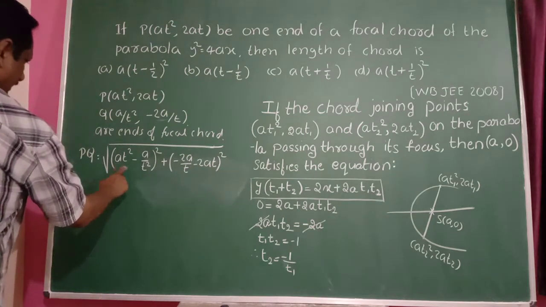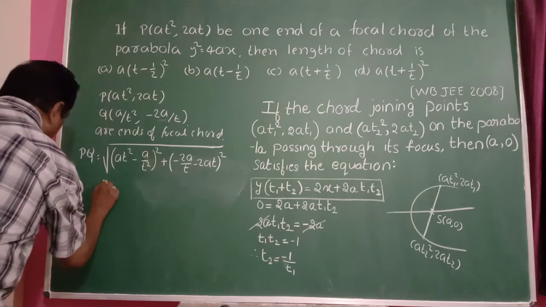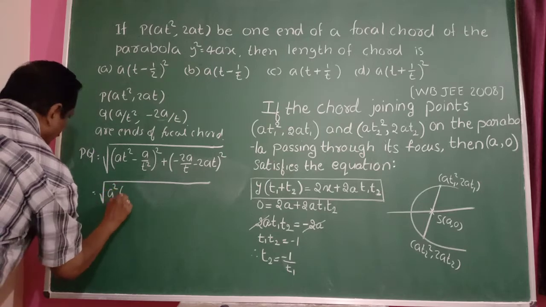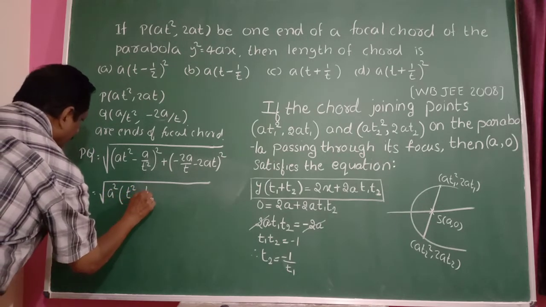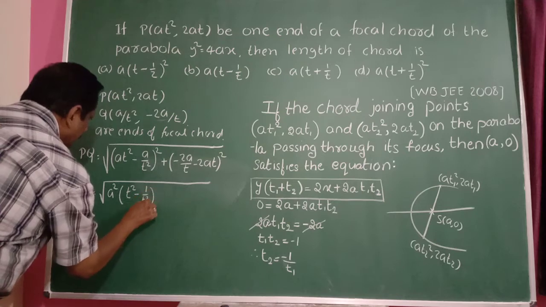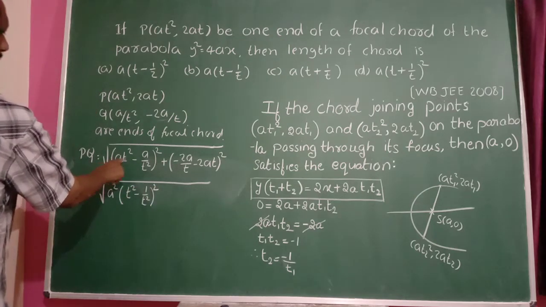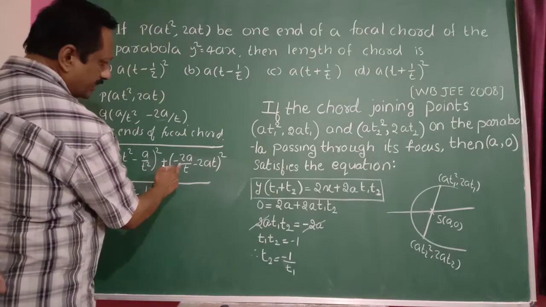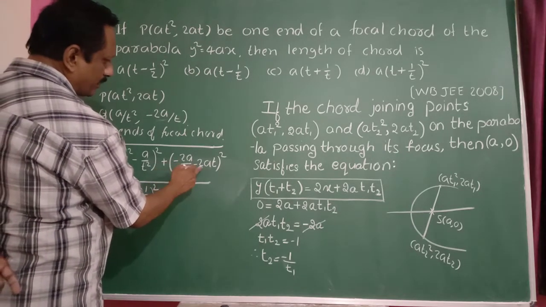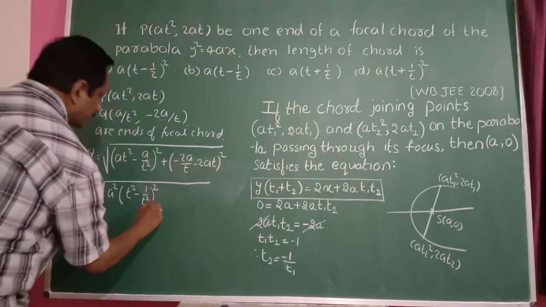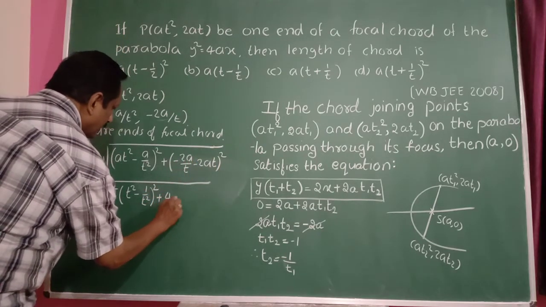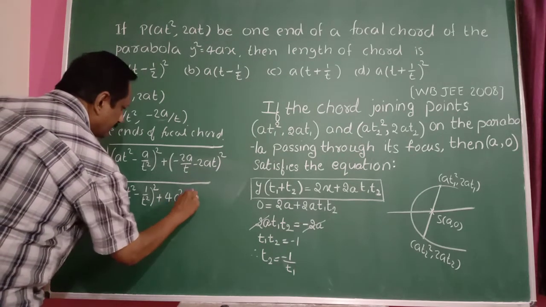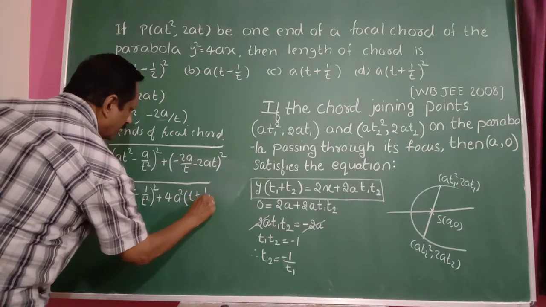Take a common factor in this bracket: root of a squared into (t squared minus 1 by t squared) whole squared, since a squared is there. Here also take minus 2a common; since it is squared, minus becomes plus. 2 squared is 4, so 4a squared into (1 upon t plus t) whole squared, that is (t plus 1 upon t) whole squared.